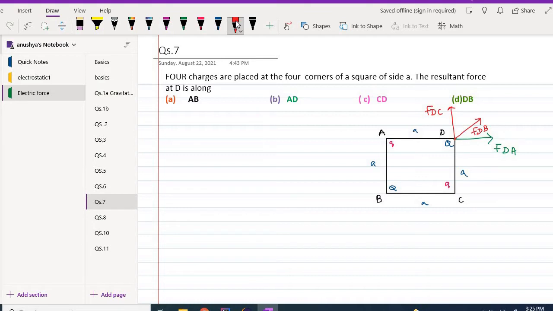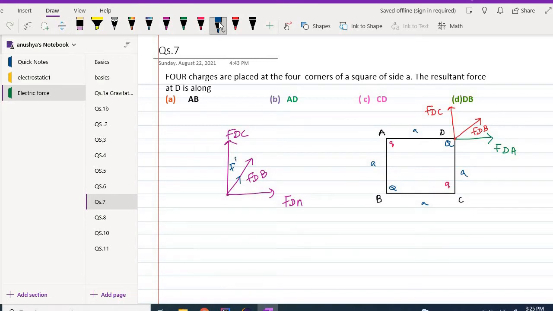So now the resultant between FDC and FDA will be along FDB's direction. You have your FDC, FDA, and the resultant between them. The force experienced by the D due to B will be in this direction, and the resultant between FDC and FDA vectors also will be in the same direction as that of FDB.